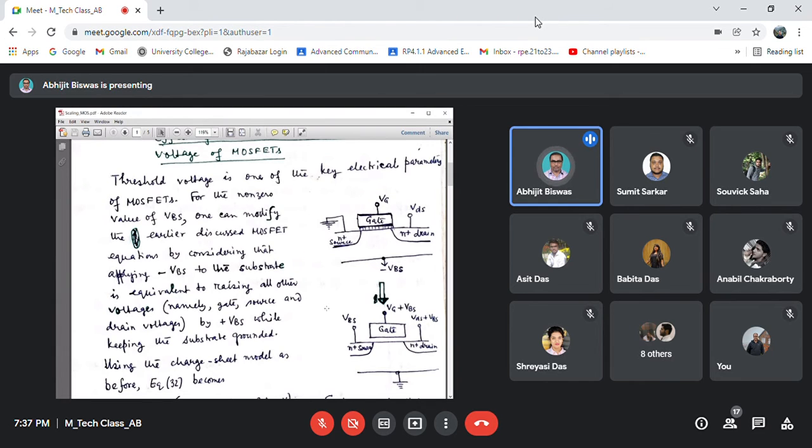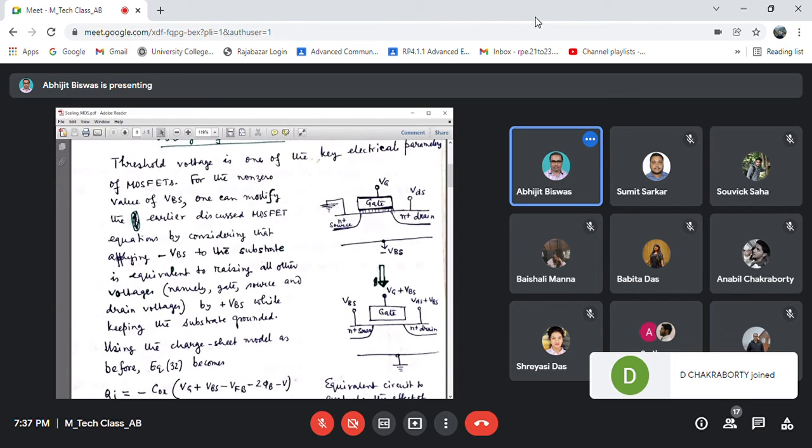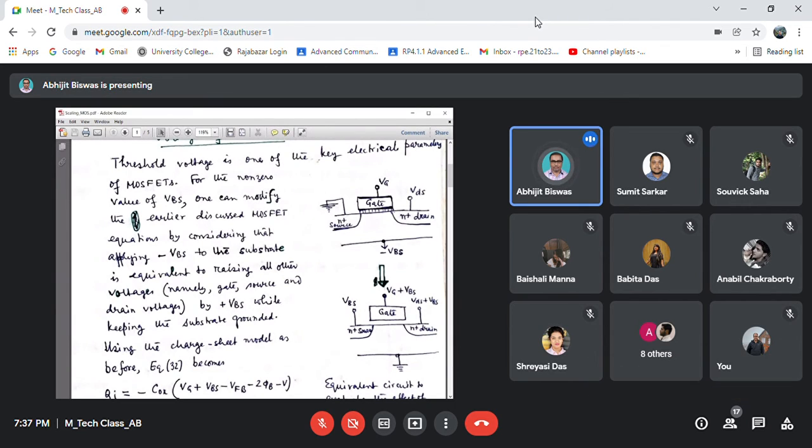What would be the impact of the substrate bias on the threshold voltage of the device? We want to use the earlier derived equations. In order to use them, we have to modify the electrical equivalent of these bias conditions. You know that the potential can be measured from any arbitrary reference. So if we add plus VBS to each and every terminal voltage, what will happen? At the bottom, minus VBS plus VBS means 0, so you can put the substrate to ground.